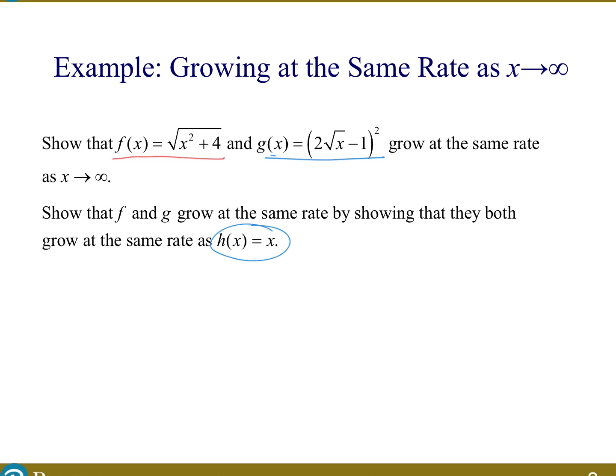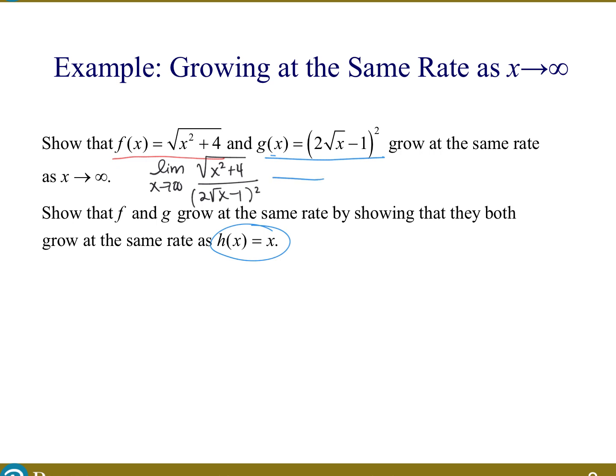Well, why wouldn't we just not use h at all? Why would we not just show the limit approaching infinity, why wouldn't we just take f by itself and g by itself and then just work that out? Why do we have to involve h of x at all?